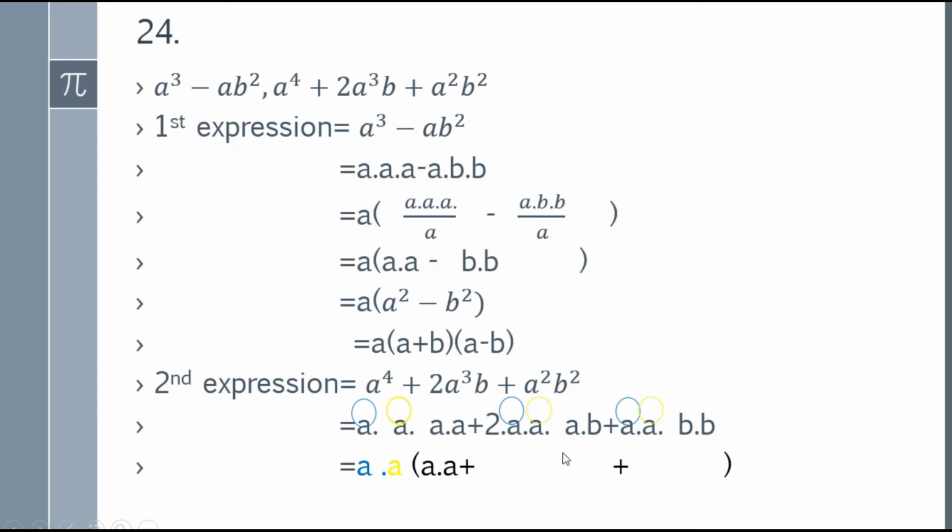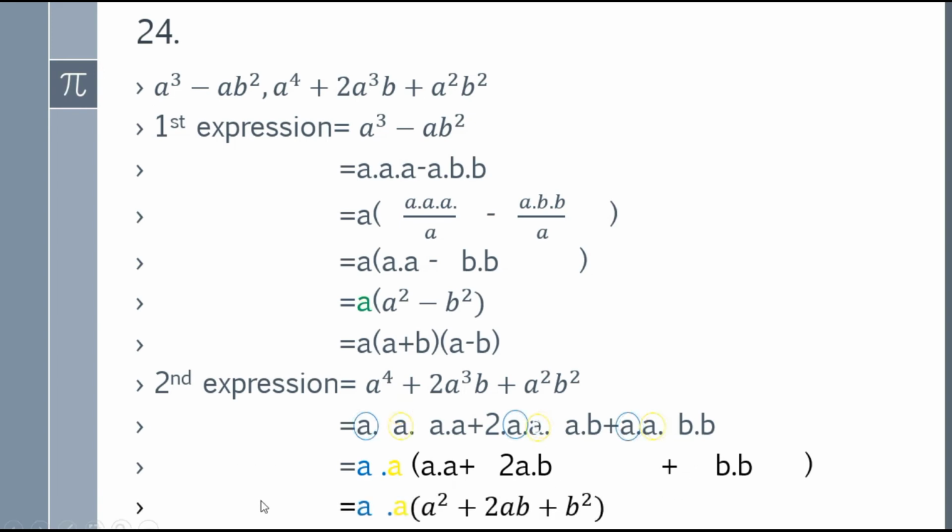In the second term, if we divide by a and a, what will be the remainder? 2ab. And in the third term, if we divide by a and a, the remainder will be b and b. After that you just have to multiply: a and a is a², 2ab, plus b².